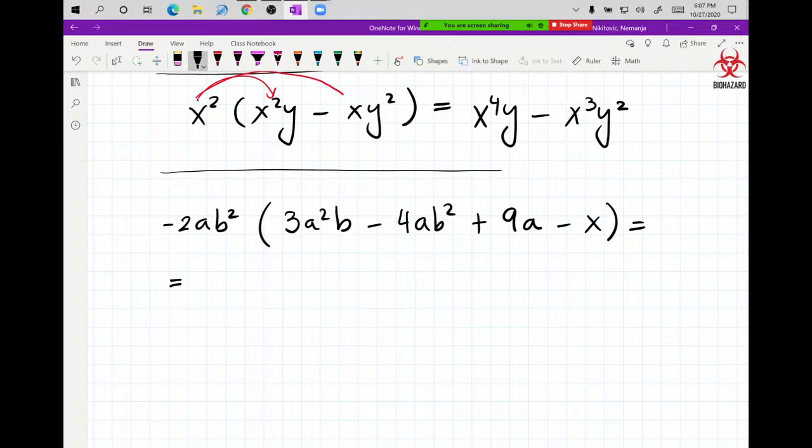All right, let's see. What do we have? Negative 6a cubed b cubed. Awesome. Plus 8a squared b to the fourth.